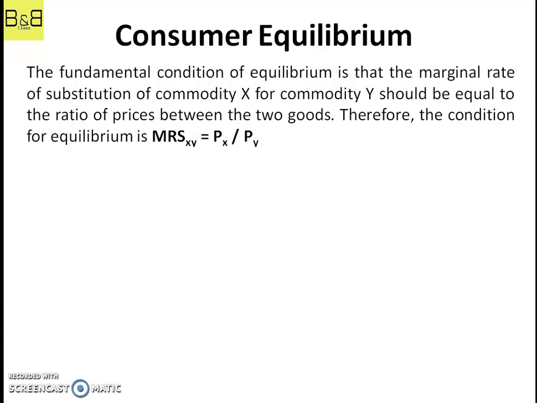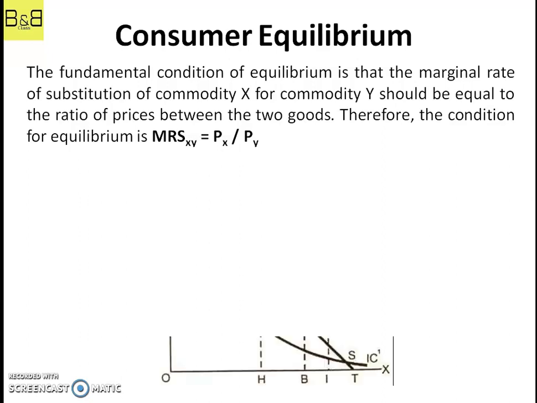The fundamental condition of equilibrium is that the marginal rate of substitution of commodity X for commodity Y should be equal to the ratio of prices between the two goods. Therefore, the condition for equilibrium in mathematical form can be written as MRS XY = Px/Py, where Px and Py are the prices of goods X and Y respectively.